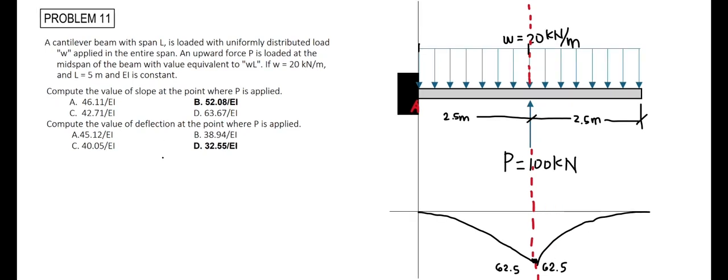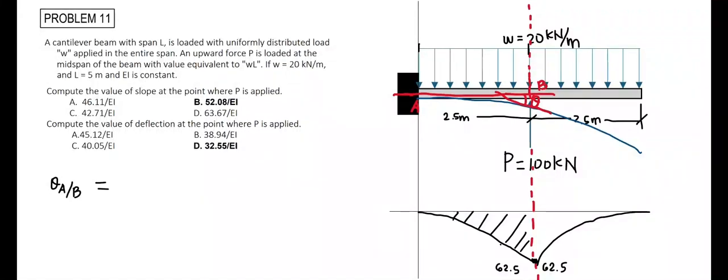To solve for the slope using the area moment method, the change of the slope between two tangent lines at points A and B is just equal to the area of the moment diagram by parts between A and B. So to solve for the slope at this point here, at the center where P is applied, in reference to the tangent drawn at A, since this is a fixed support, the tangent line at the fixed support is just a horizontal line, and assuming our elastic curve somehow looks like this, the slope at the point where P is applied is just the change in slope in reference to the tangent drawn at A and to the tangent drawn at the midspan, which is at point B. Let's call this here point B. This is the slope, and that's just equal to the area of the moment diagram by parts between A and B, which is this area right here.